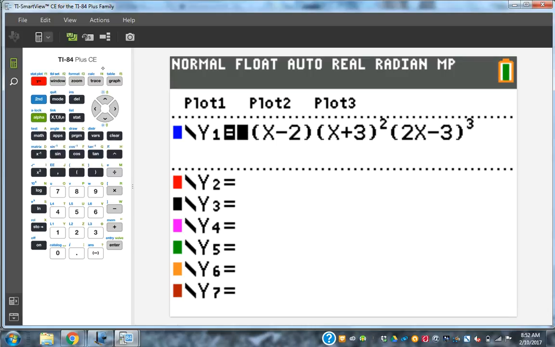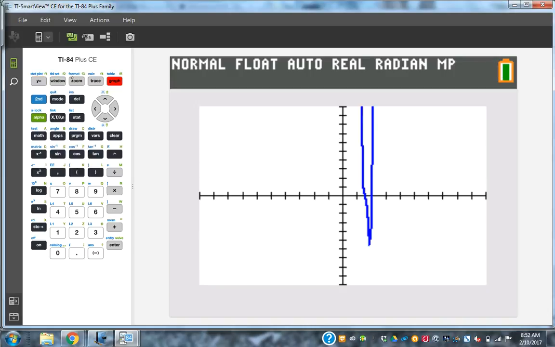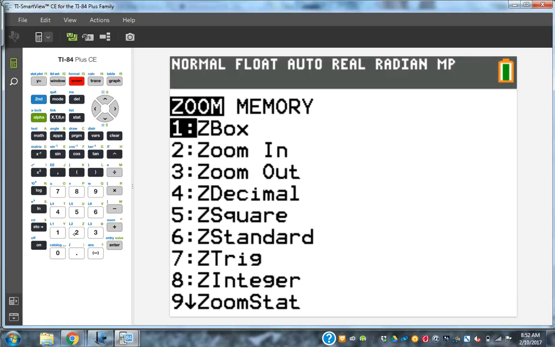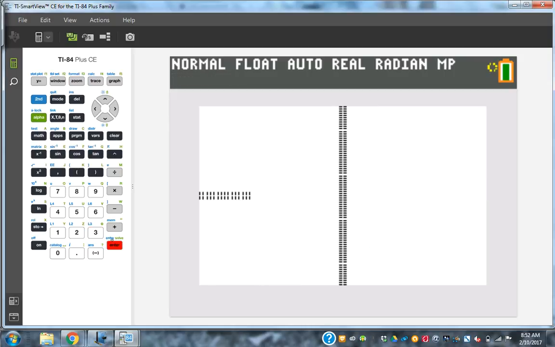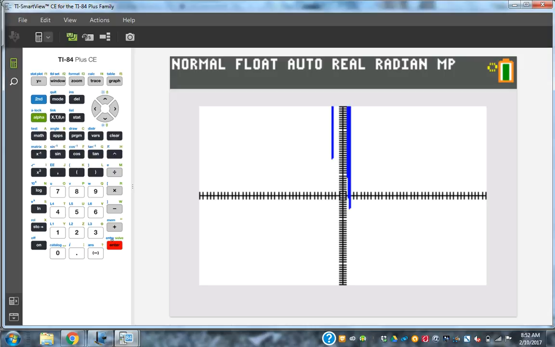X plus 3 squared. Yeah, that's right, function. I'm going to zoom out a little bit. Maybe my resolution is a little low. Yeah, there's that piece that you are seeing. My resolution was just a little too low to see that.